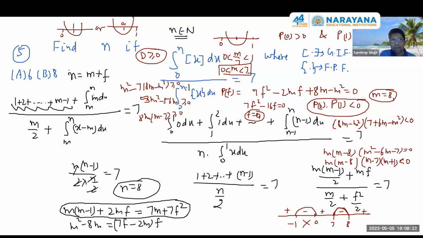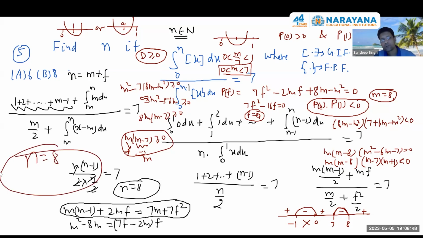So obviously if m is between 0 and 7, 8m is positive and m minus 7 is negative. What is ruled out? m cannot be greater than 7. So m has to be negative. So can you see this case is also ruled out? So what is the only solution? The only solution is 8. So do all of you agree with this approach or not? Even if it is not a natural number given, the only solution is 8.